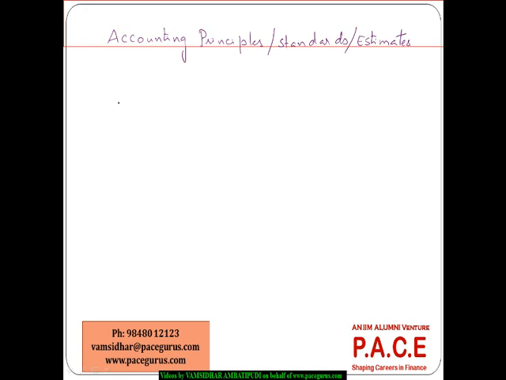So if those kind of changes are occurring, or some kind of errors coming up in the previous period's financial statements, here there are three major things that I can look at. Accounting principles changing. When I say accounting principle has changed, the company might have moved from one accounting principle to the other. Probably the depreciation.